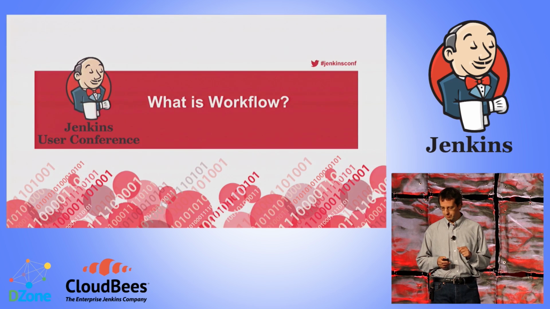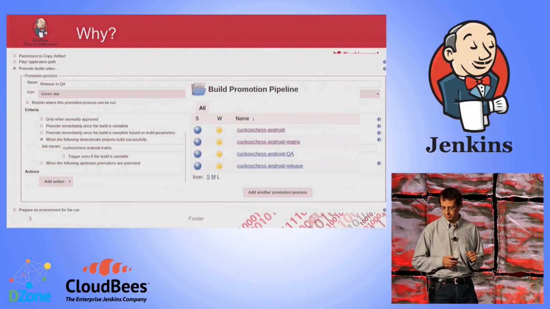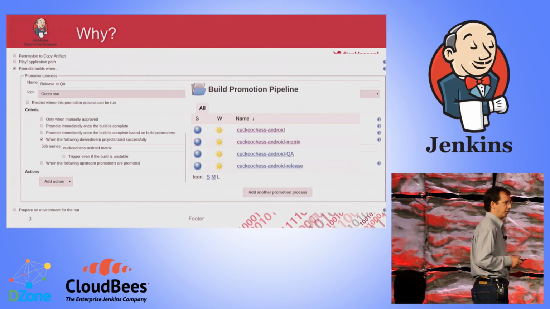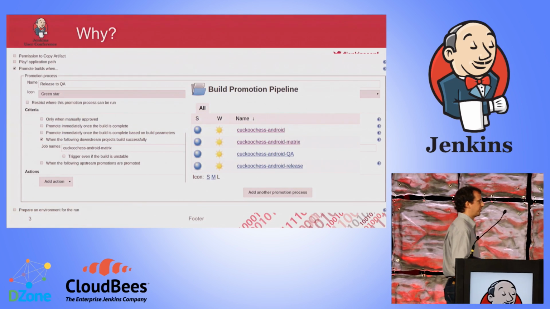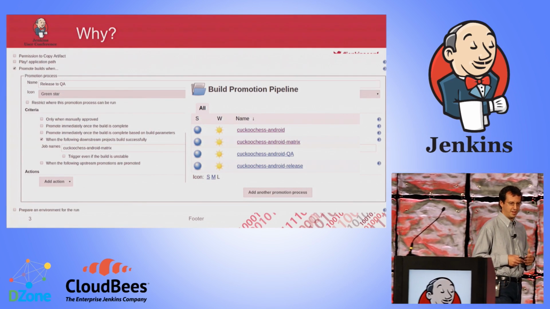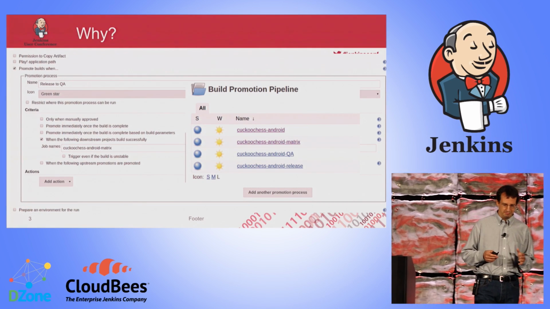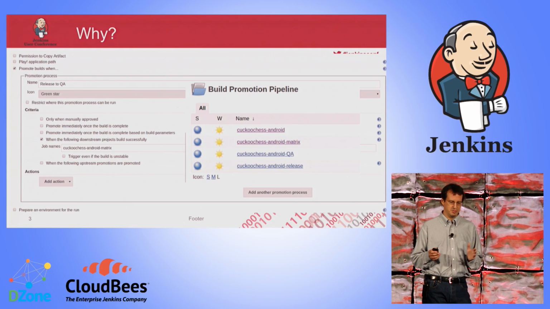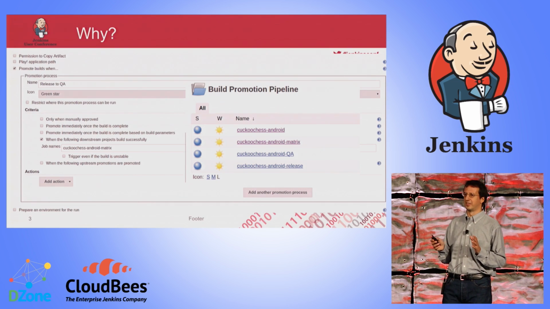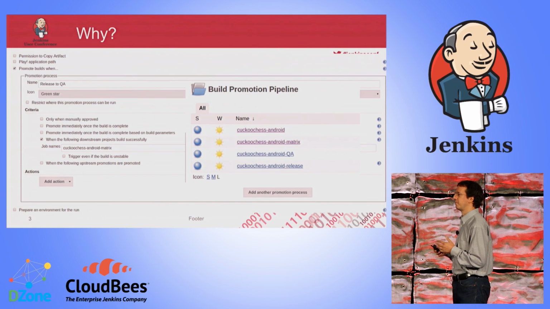First, just briefly for people who are not so familiar with what workflow does and why we created it. There was a crisis in Jenkins in terms of manageability of people's build pipelines that had special cases in them and a lot of custom steps and multiple stages.